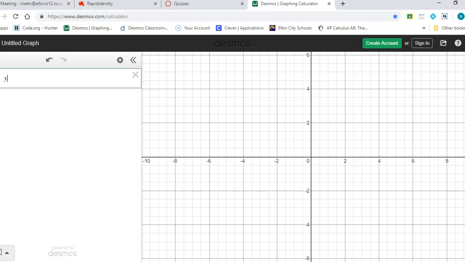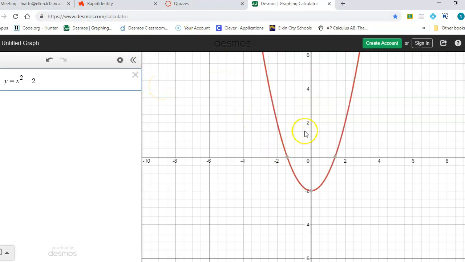So for example, let's say we had y equals x squared plus 2. Okay, so let's do minus 2 so it looks like I want it to. So y equals x squared minus 2. And so if I just have this graph, that's just a quadratic, it's been moved down.